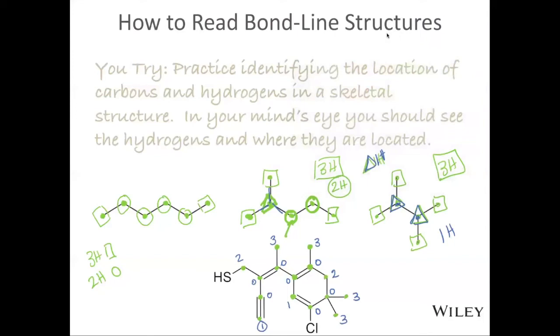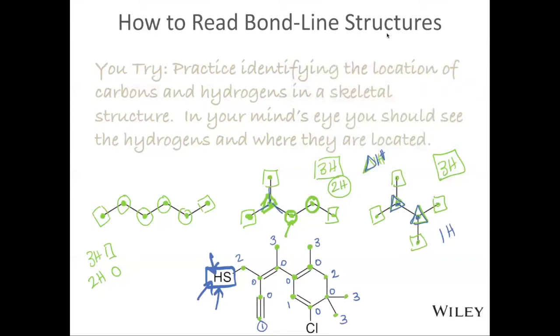One thing I didn't mention is anytime you have a heteroatom that is not carbon, oxygen, nitrogen, sulfur, or any of those types of atoms in your molecule, you do in fact write the hydrogen attached to those. So anytime you have a heteroatom, we include the hydrogen that is on the heteroatom.